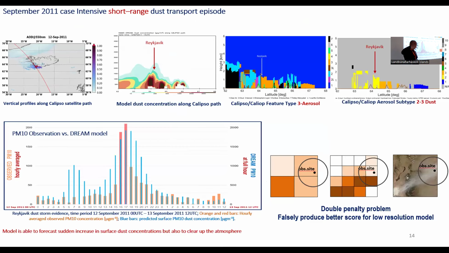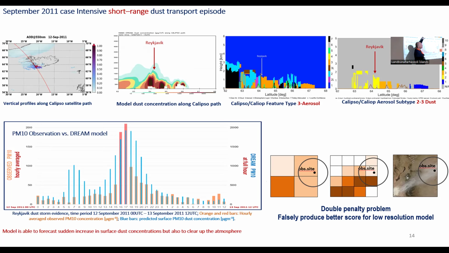In order to further validate what's happening in the vertical section, we use CALIPSO data. The red line here represents the CALIPSO path, and this plot represents the time and cross-section along that part of the CALIPSO track.